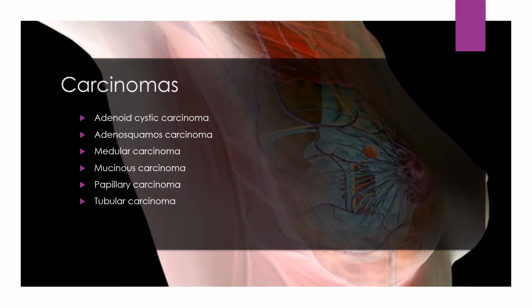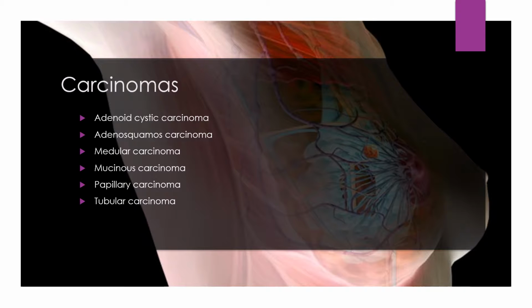There are other special types of breast cancer which are subtypes of invasive carcinoma. These are a lot less common than the ones described beforehand and constitute less than 5% of all breast cancers.